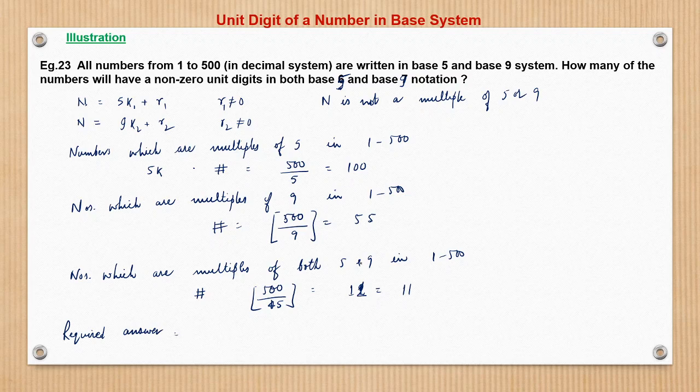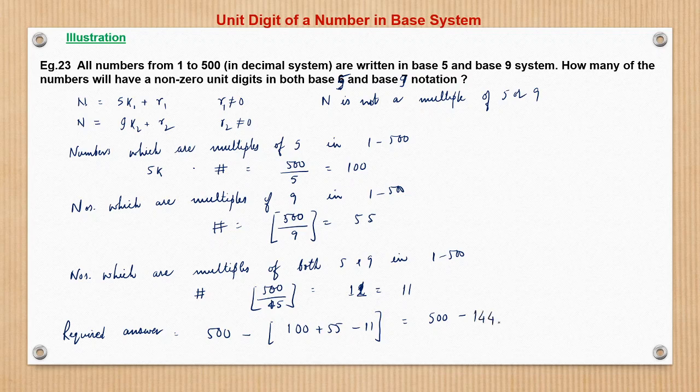so how to find the numbers which are not multiples of 5 and 9? So what we will do, total possible numbers is 500 minus we subtract the multiples of 5 or 9. What are the multiples of 5 or 9? That is 100 plus 55, and 11 numbers we have counted in both the cases. These 11 numbers are present in 100 also, 55 also, so counted twice. So one time we will subtract to avoid repetition. So it becomes 500 minus 144.